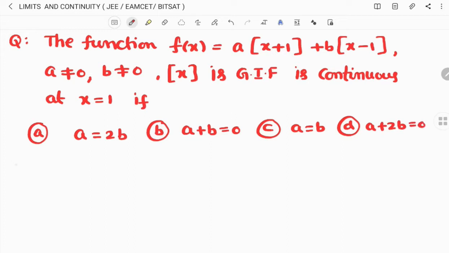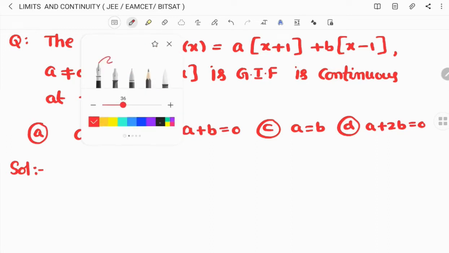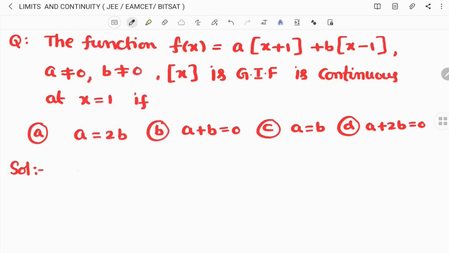See how we are going to do that. Here, the function is continuous at x is equal to 1. So the meaning of the function being continuous at x is equal to 1 is that f of x is continuous at x is equal to 1.